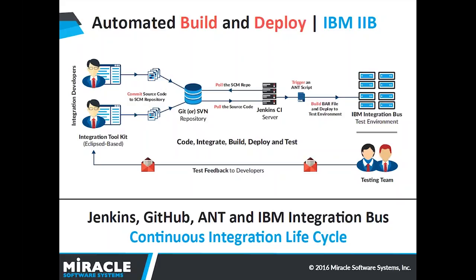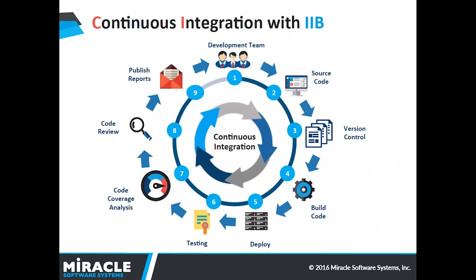Moving on to the next slide, how we have enhanced from here. Based on the recent developments which we have done in the Integration Center of Excellence, what we have tried to achieve is the complete life cycle till the code is reviewed.